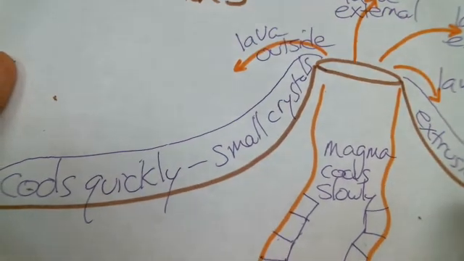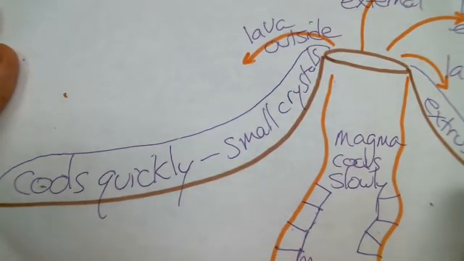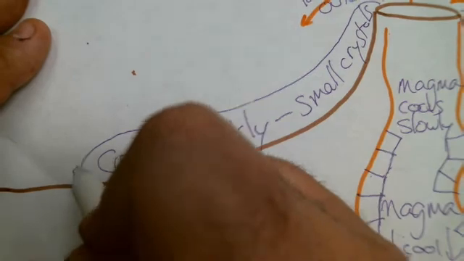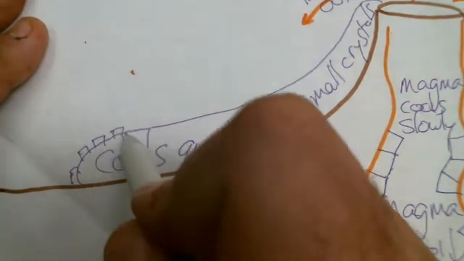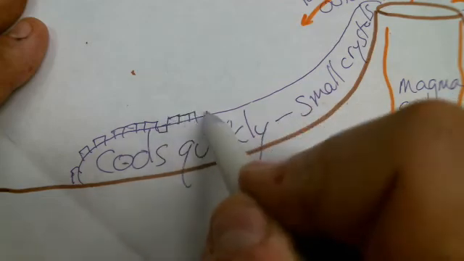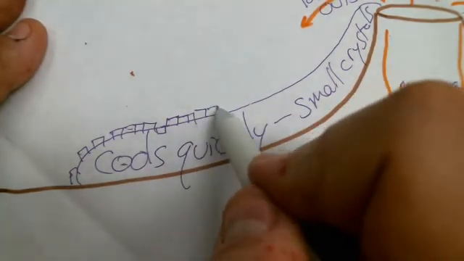If this lava was flowing under the ocean or into some other kind of water, it might cool so quickly that virtually no crystals form at all and it looks like glass. But to represent the fact that it's small crystals, I want you to write very small rectangles on the outside of this diagram.